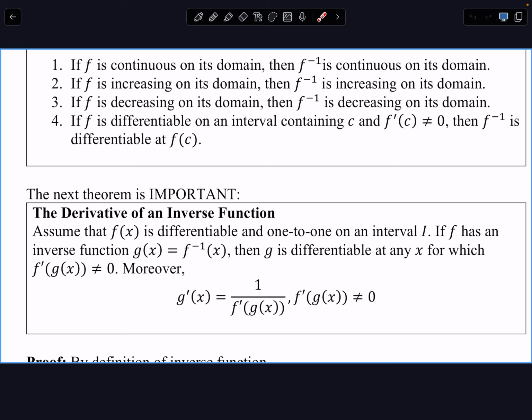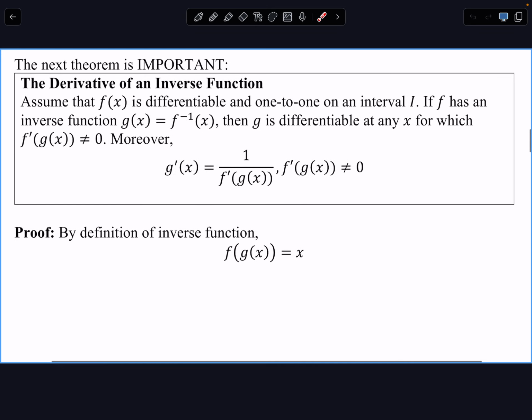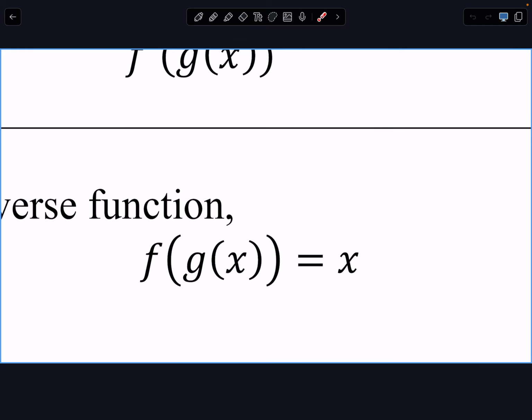Super easy to derive, okay? So you can memorize that, or you can derive it. Remember how I talked about this was part of our definition of inverse functions, right? When you compose them, they simplify to be equal to x.